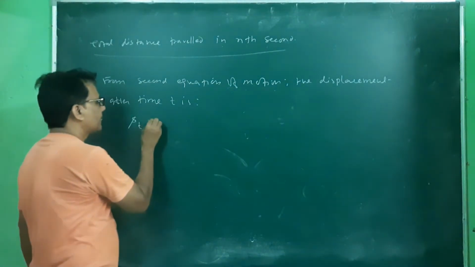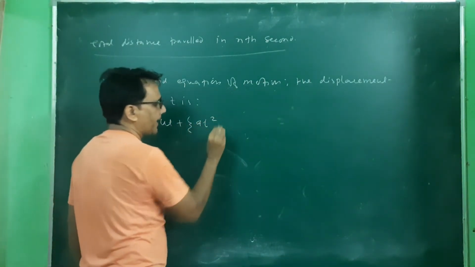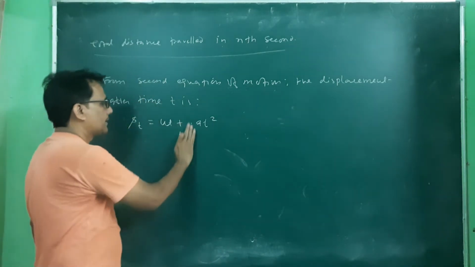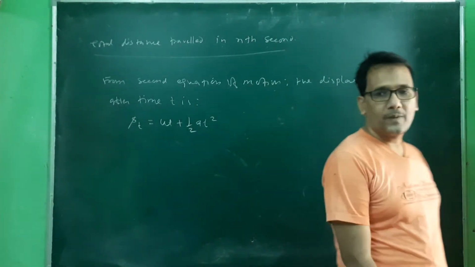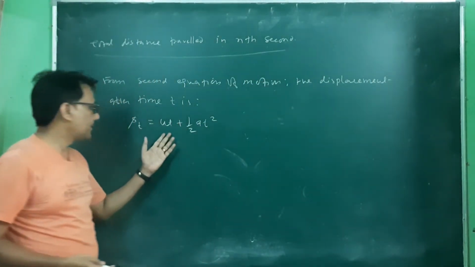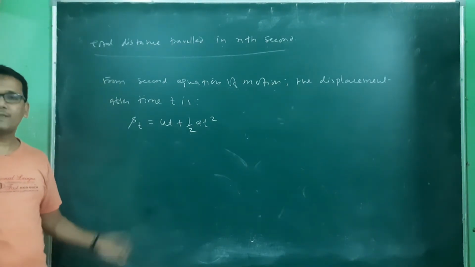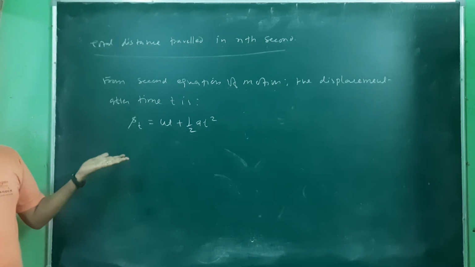So s_t is equal to ut plus half at square. This is the second equation, which is a relation between acceleration, time and initial velocity. This is the total displacement after t seconds.